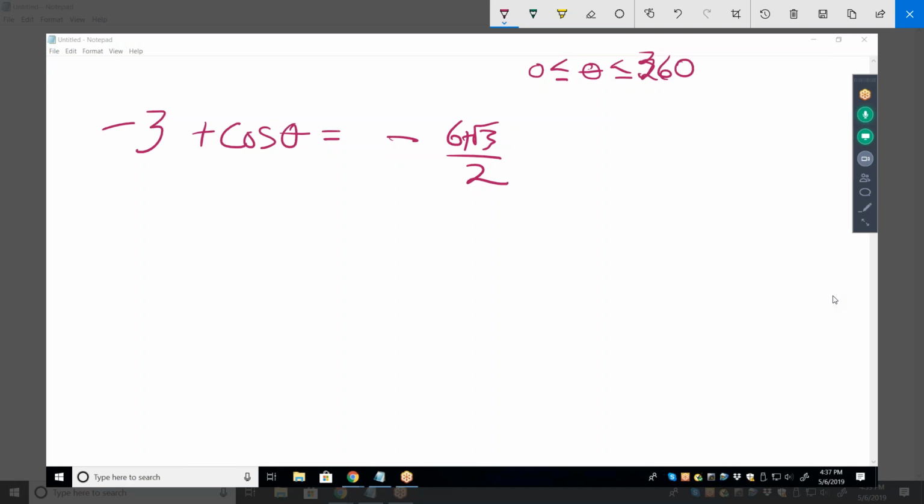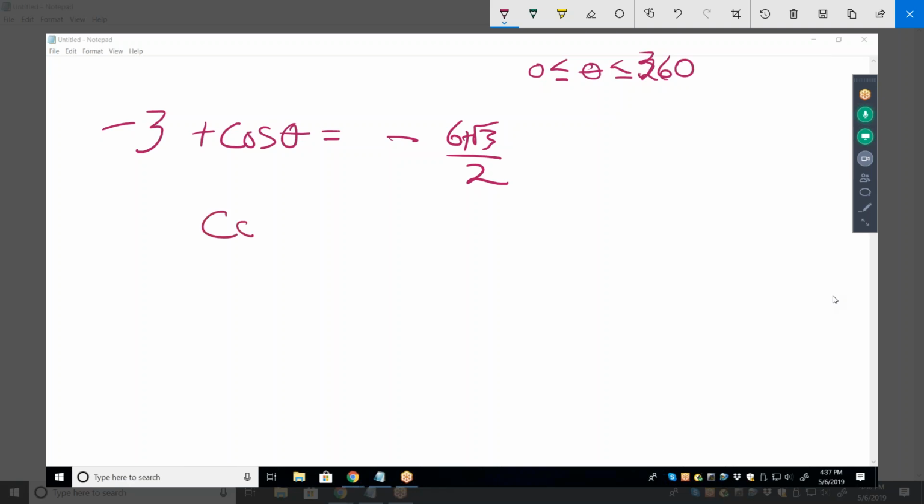So what's the first thing we can do? Or what's the general idea going to be? The general idea is going to be to solve for cosine of theta, right? And then solve for theta, but in that order. So how do we solve for cosine of theta?